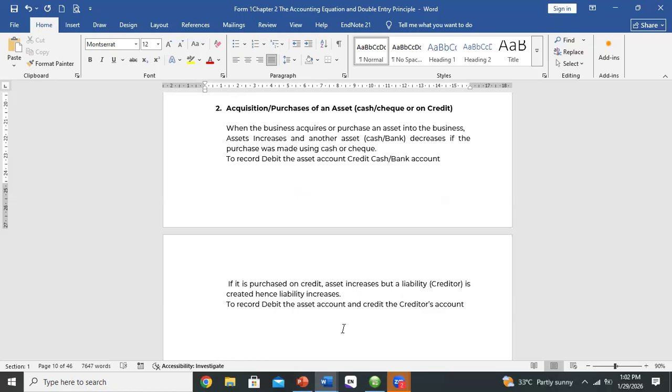And so I even gave the fun kind of learning: A plus debit, A plus debit. So asset increase, debit. And then capital increase, credit: C plus, C plus. The plus is increase. Capital increase, credit.